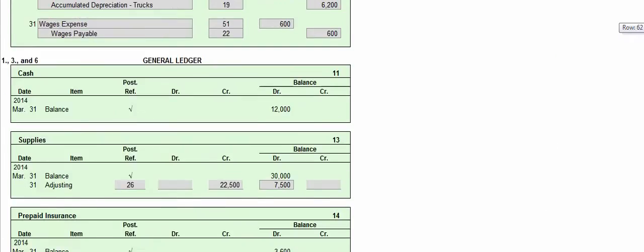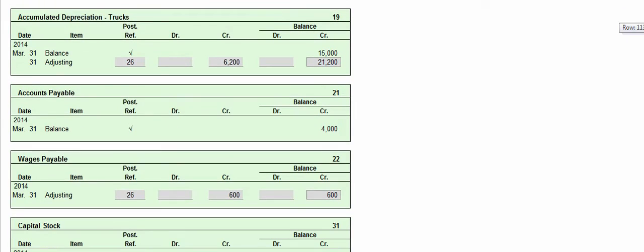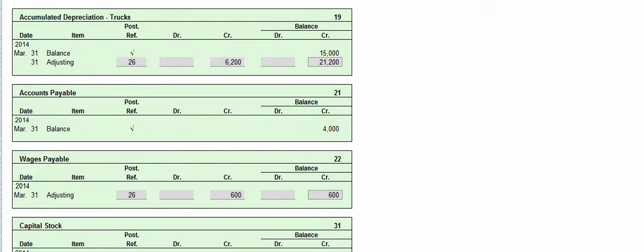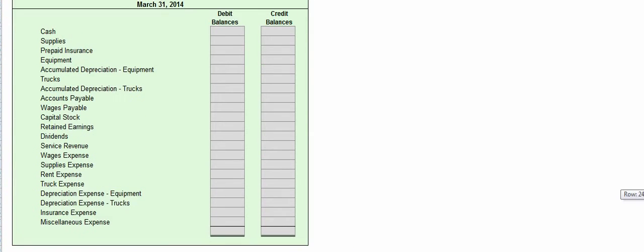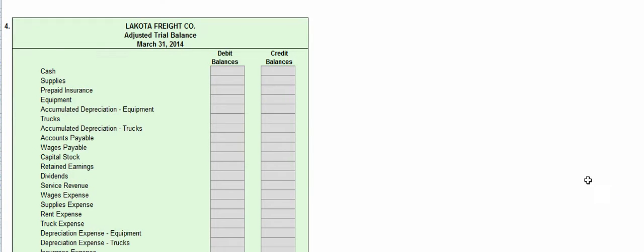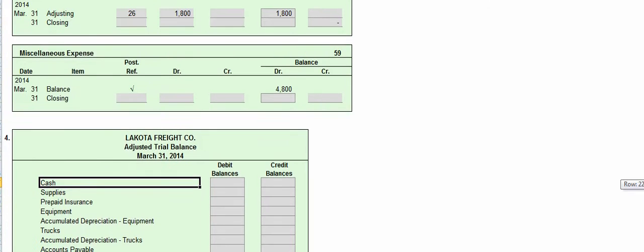Okay, so let's go down to our template. Here we go. Our adjusted trial balance, we'll start with cash. And let's go back up to the ledger and find that balance.